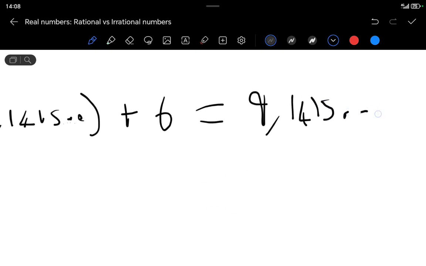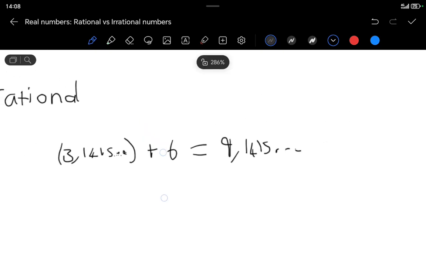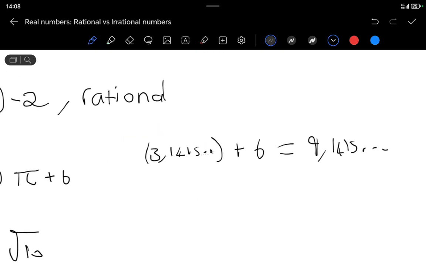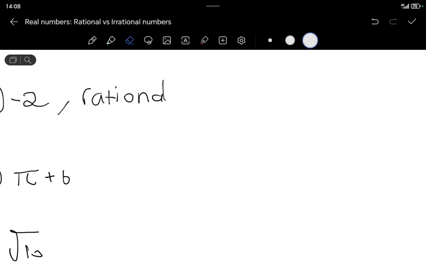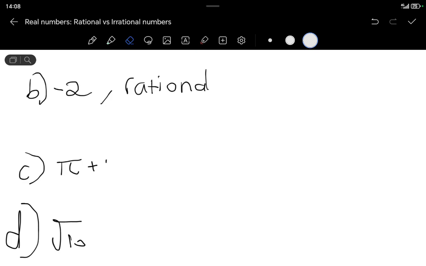It continues, it does not repeat, and it does not stop, meaning it cannot be written as a common fraction or expressed in the form A over B, meaning this is irrational. And pi plus 6 is irrational.